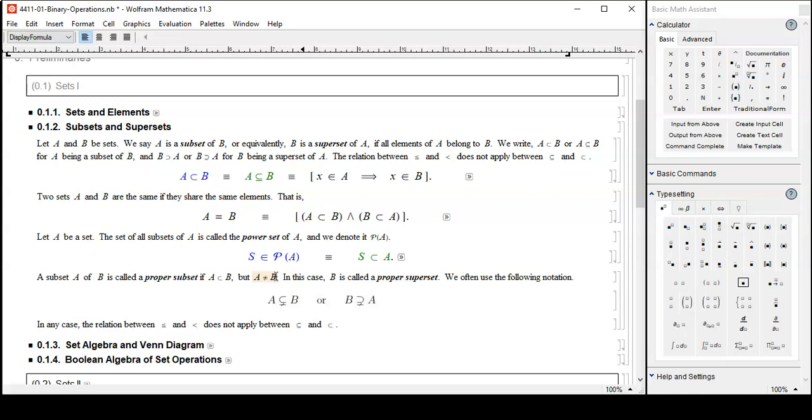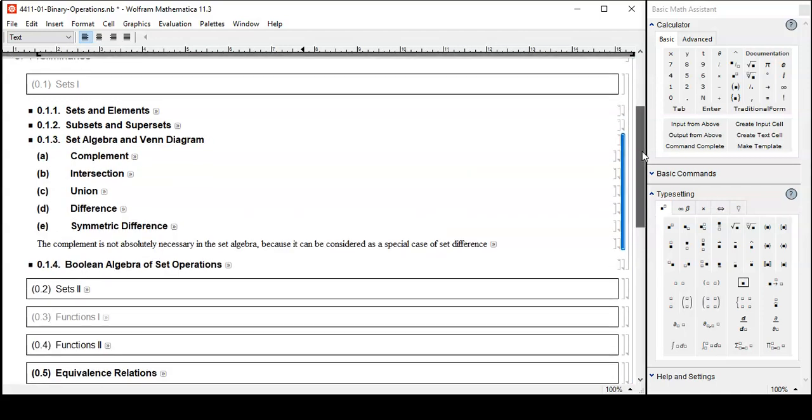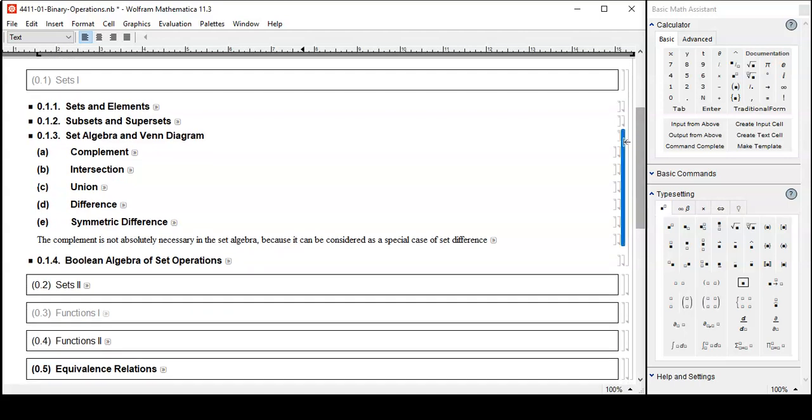Proper subset versus proper superset. Now these two mean the same thing. If you want proper, then you have to use these crossing or that crossing. I'll try not to use these kinds of notations, however. Too confusing. I spent too much time on this second subsection here.